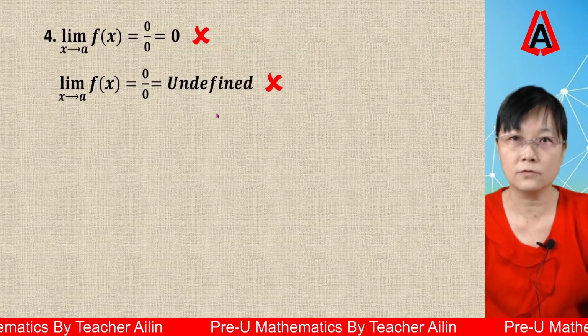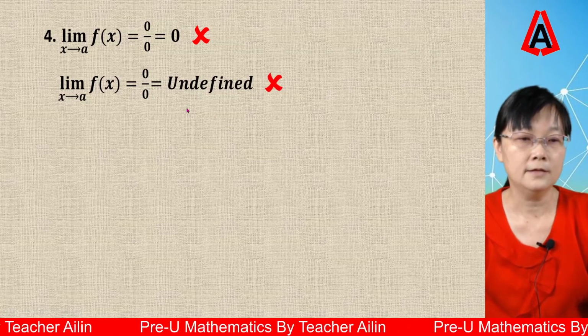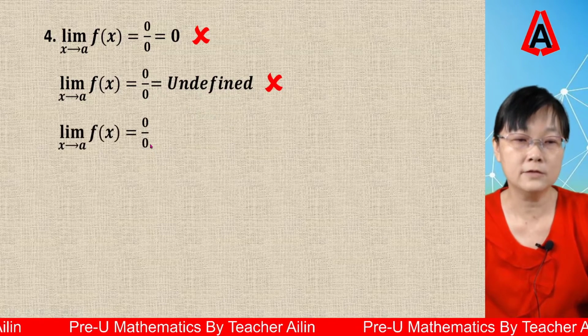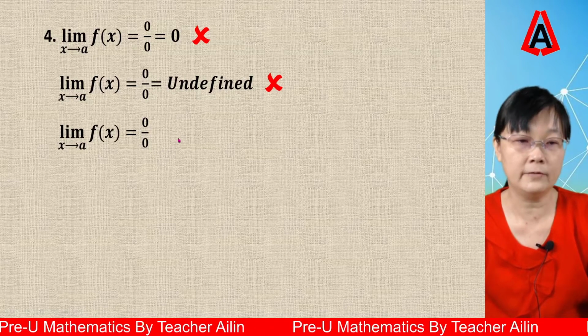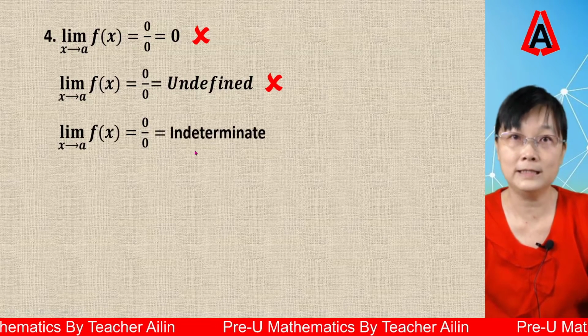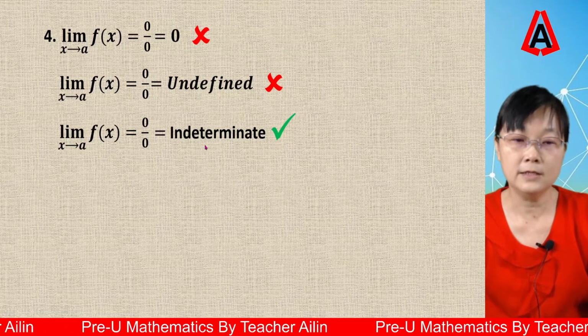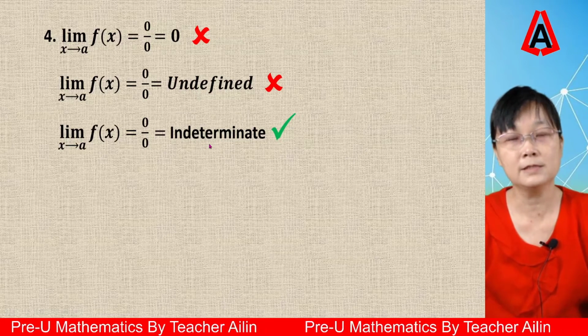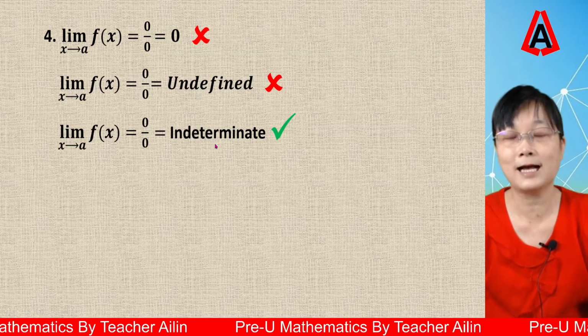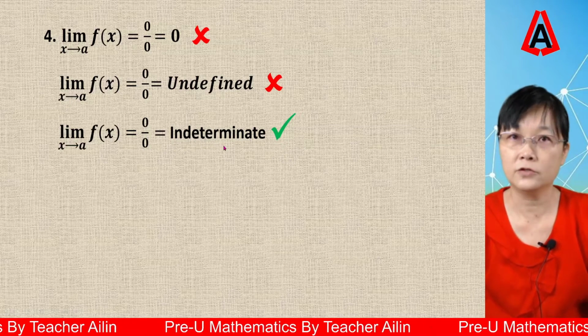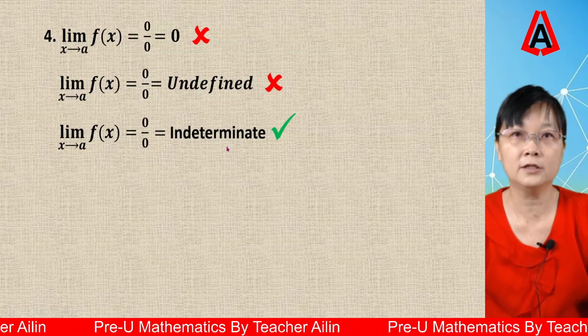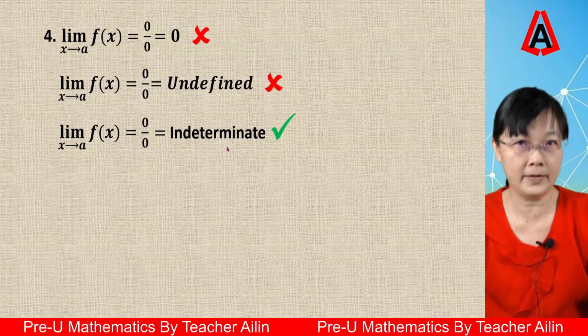No, it is wrong also. Actually, when the value of the limit is 0 over 0, we call it an indeterminate form of limit. So, indeterminate form of limit means the value of the limit is uncertain, and we should use another method to find the correct value of the limit.